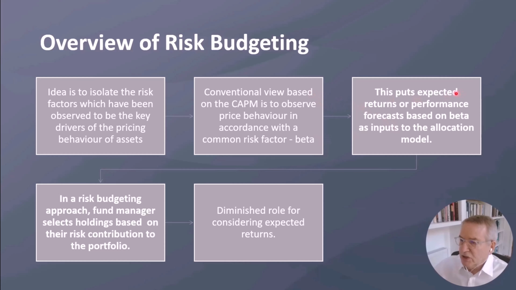This idea puts expected returns or performance forecasts based on beta as the inputs to an allocation model for portfolio construction. However, in a risk budgeting approach, the fund manager selects holdings based on their risk contribution to the portfolio, hence the idea of the spending of risk that I just mentioned. This leads to a diminished role for considering expected returns. In other words, the allocation based on beta.